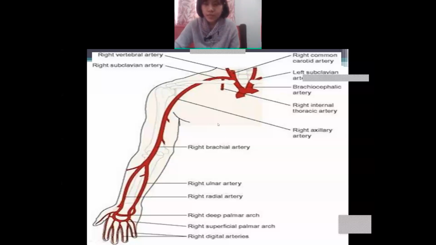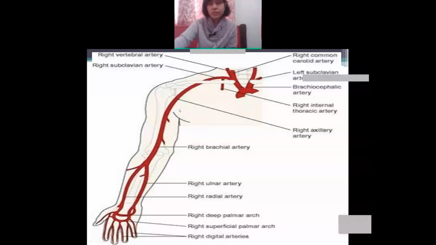So now let us discuss the axillary artery. The axillary artery, they are actually what? They are actually the continuation of the subclavian artery. So this is the subclavian artery, and this is a continuation.